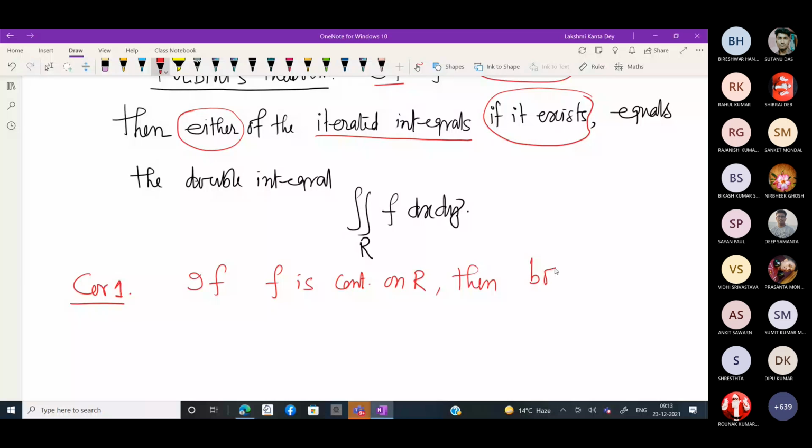Then both the iterated integrals exist and they are the same.